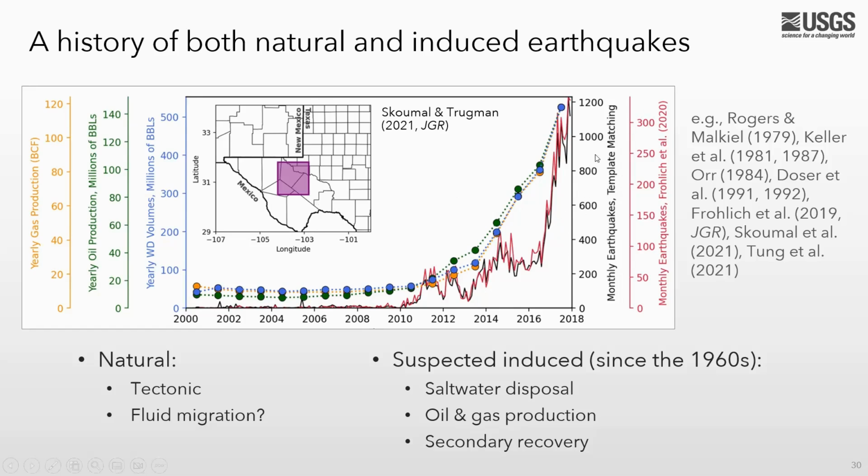They did template matching, so they were able to boost the catalog here. This was initially done by Chris Froelich and others at UT. And they're also showing oil and gas production and millions of barrels of saltwater disposal. The saltwater disposal is the blue here, and you see that it starts to ramp up around 2010, and then it really ramps up rapidly after that.